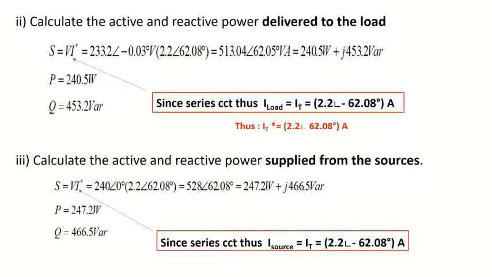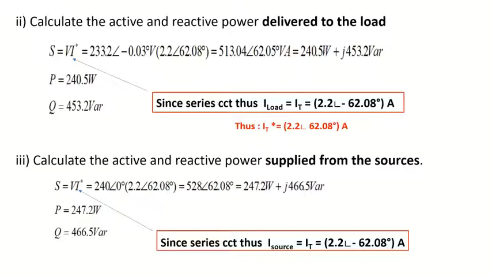So this is for the load, the voltage for the load. What you already obtained previously is 233.2 with minus 0.03 degree volt, right?